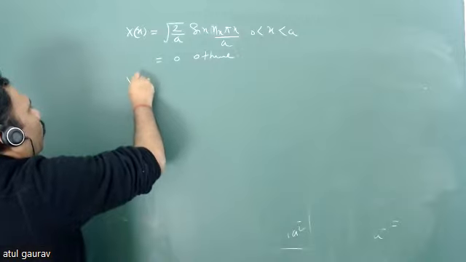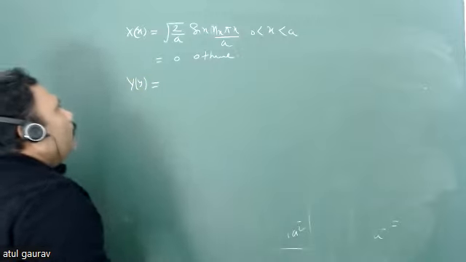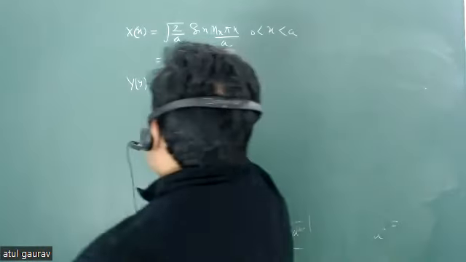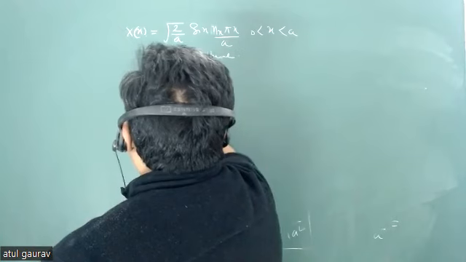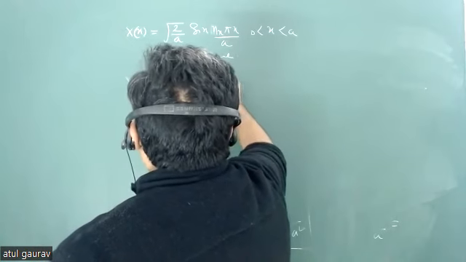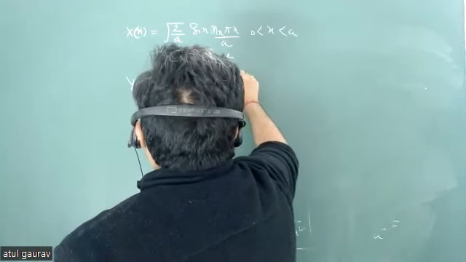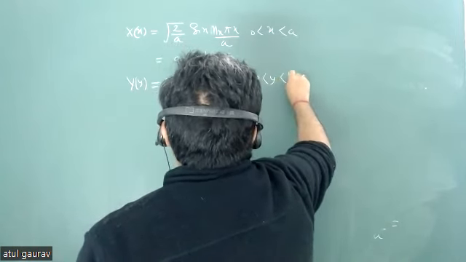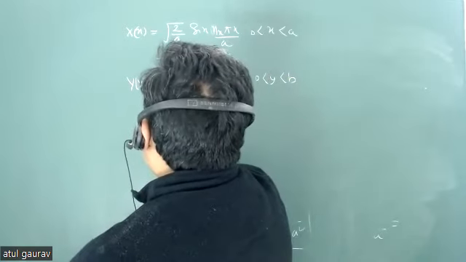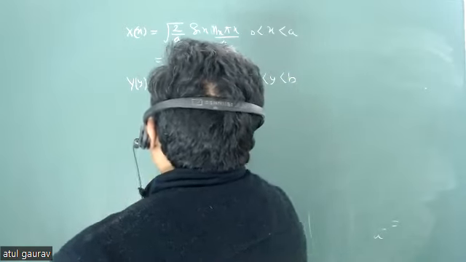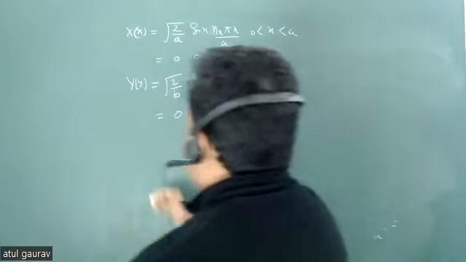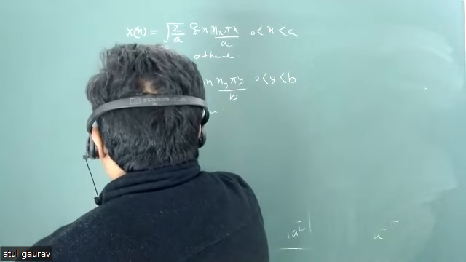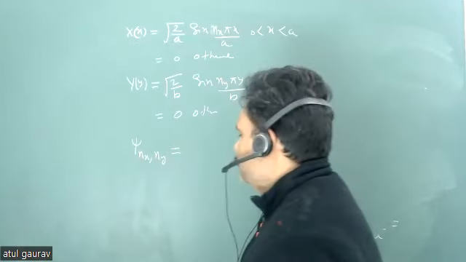So what will be ψ(y)? क्या होगा ψ(y) जरा बताओगे? Under root 2 by b. Very good. Under root 2 by b, and here is sin(ny π y upon b), y is between 0 to b and 0 otherwise. So what is your total wave function? The total wave function can be indexed by ψ nx ny, isn't it?